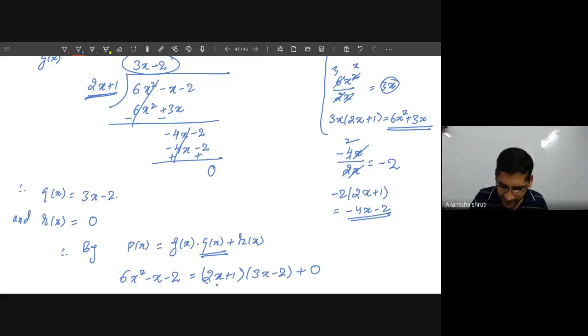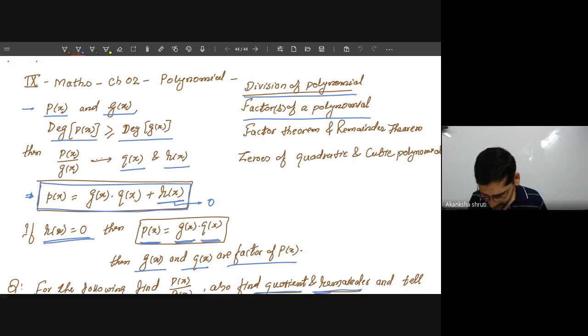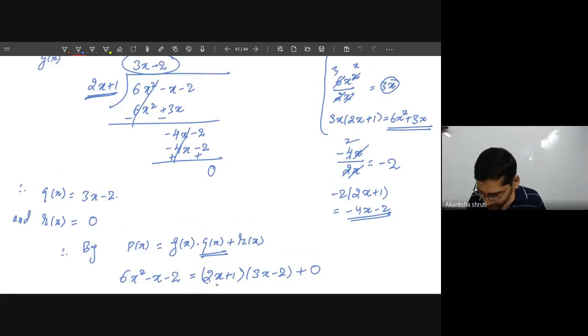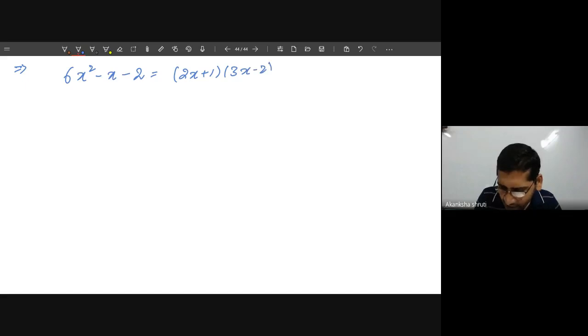This implies 6x square minus x minus 2 is equal to (2x plus 1) into (3x minus 2). Student, the 0 addition can be neglected.